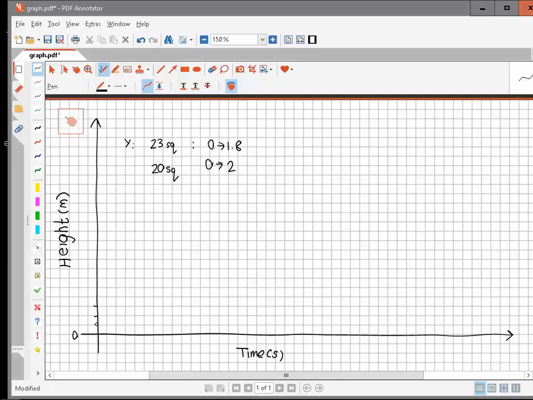So let me do that. 1, 2, 3, 4, 5: this would be 0.5 of a meter. 1, 2, 3, 4, 5: this would be 1 meter. 1, 2, 3, 4, 5: this would correspond to 1.5 meters, and then finally 1, 2, 3, 4, 5, that would correspond to 2 meters.